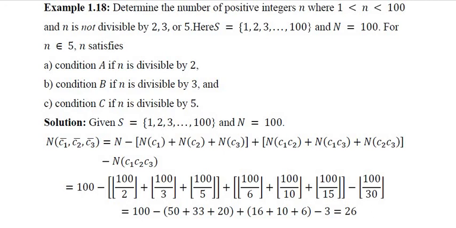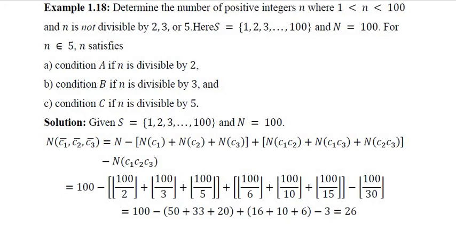So we know that n of C1 bar, C2 bar, C3 bar, according to our formula, is equal to N minus (n of C1 plus n of C2 plus n of C3) plus (n of C1 C2 plus n of C1 C3 plus n of C2 C3) minus n of C1 C2 C3. As you know, our capital N is 100. Next we have to find n of C1.